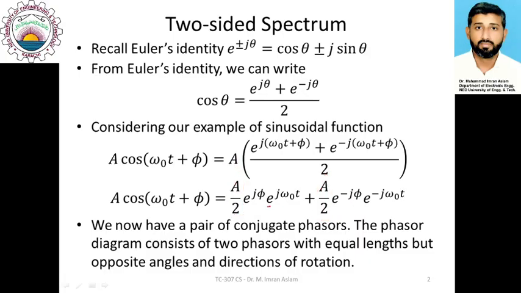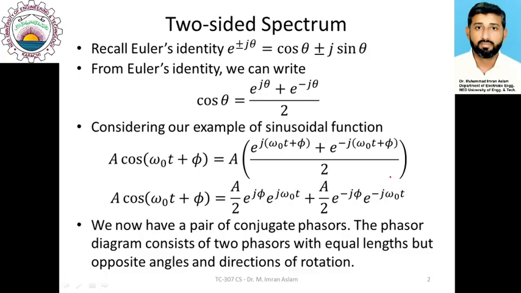The important part is e raised to power j omega naught t and e raised to power minus j omega naught t. As we have seen previously, e raised to power j omega naught t represents a rotation of the phasor. Similarly, e raised to power minus j omega naught t represents a rotation in the reverse direction because of the minus sign.